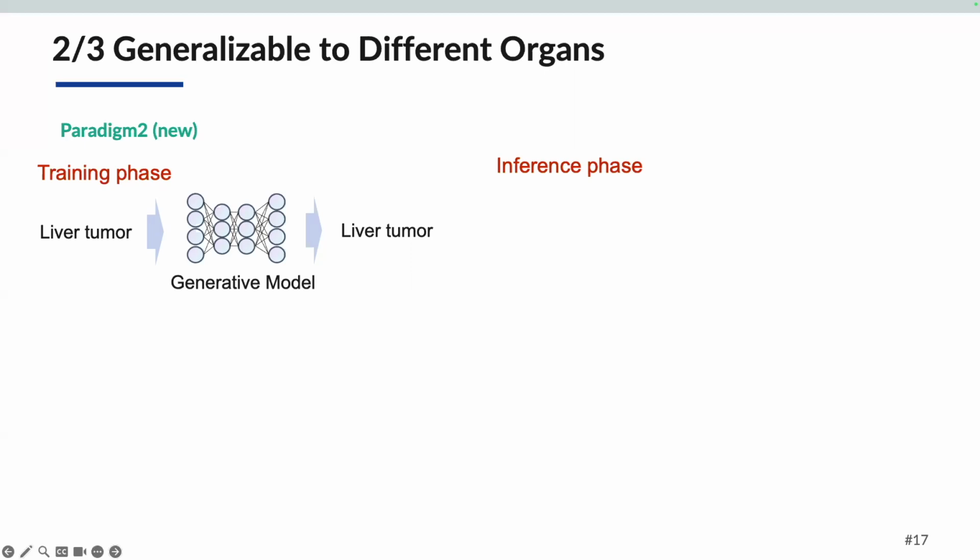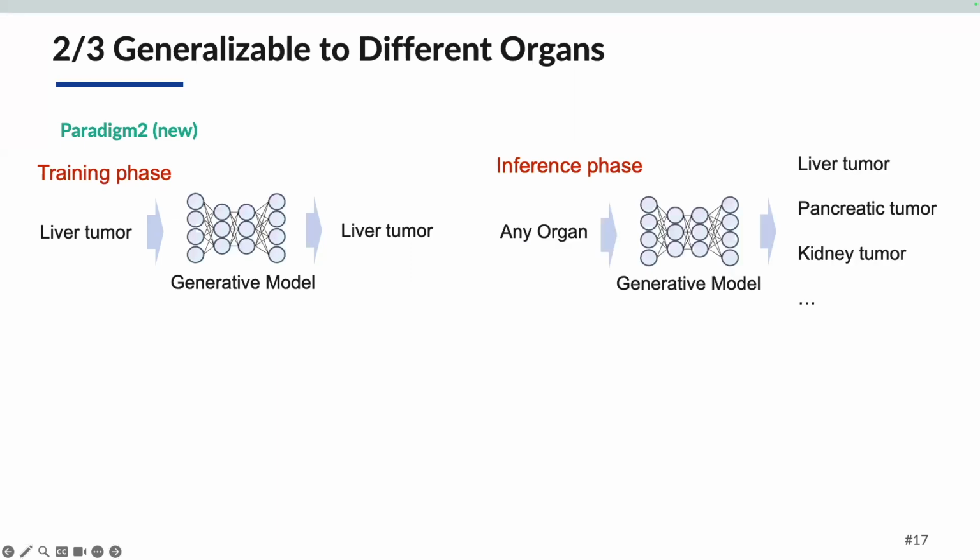For example, we can train a generative model using liver tumor data, and although the model is trained on one type of tumor, it can generalize to generate other types of tumor in the inference stage. This way, we can use the generative model to create various types of tumor data needed to train corresponding segmentation networks.